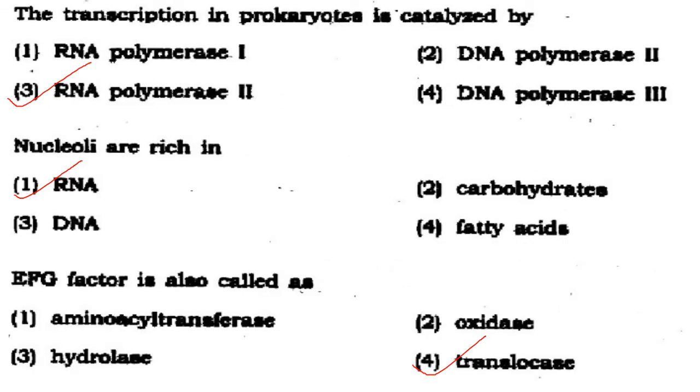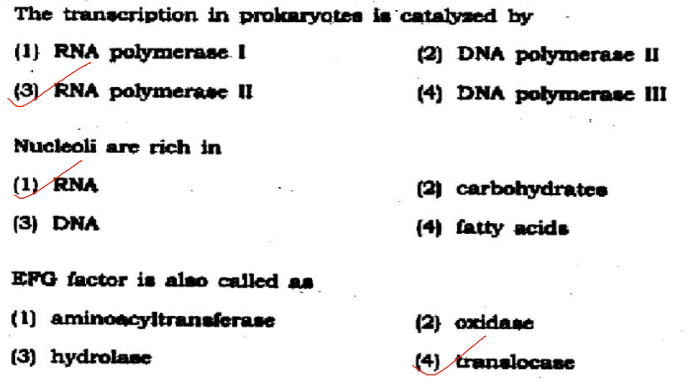Next one. The transcription in prokaryotes is catalyzed by RNA polymerase 1, DNA polymerase 2, RNA polymerase 2, DNA polymerase 3. Answer is RNA polymerase 2. Option 3. Nucleoli are rich in option 1 RNA, 2 carbohydrates, 3 DNA, 4 fatty acids. Answer 1 RNA.